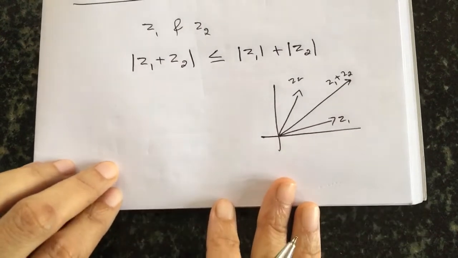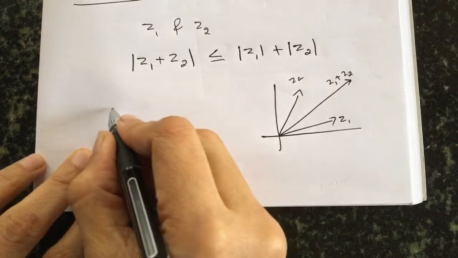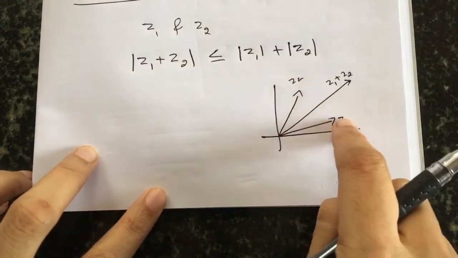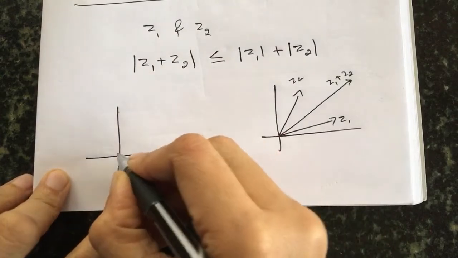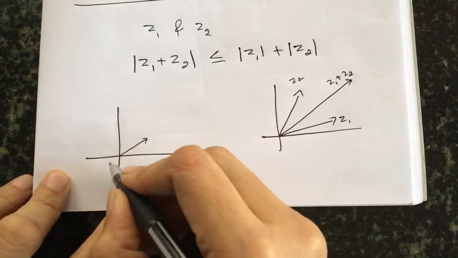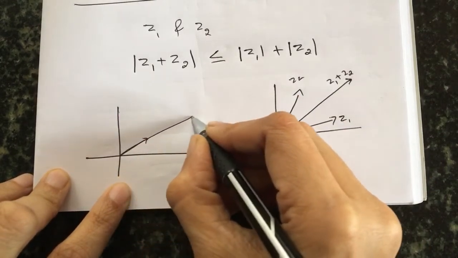And also we can observe that here z1 and z2 are separate. Now suppose this is my z1, and z2 is collinear to this. Say this is z2 now.